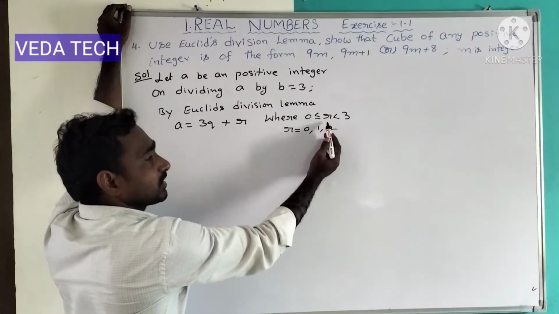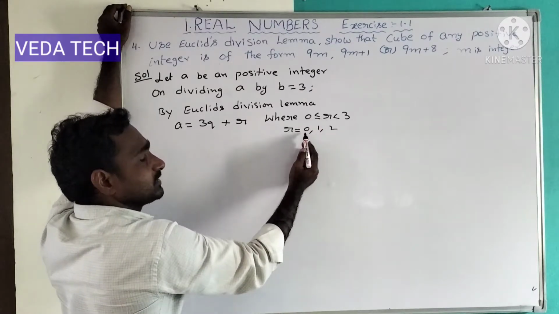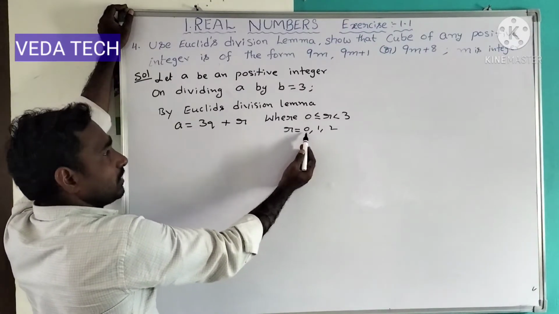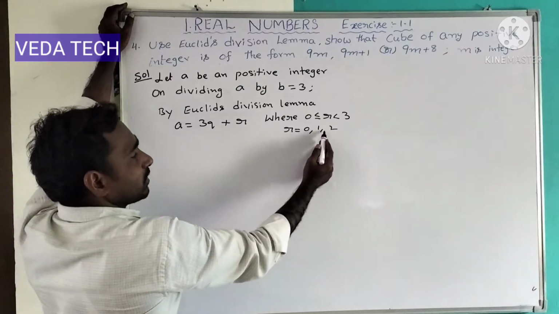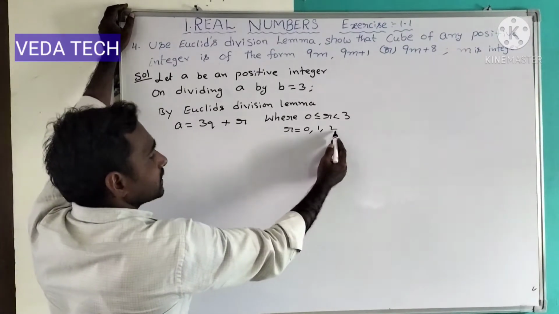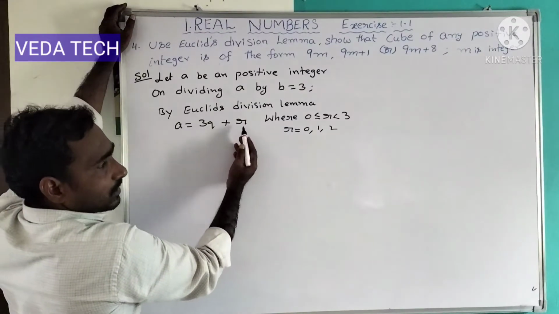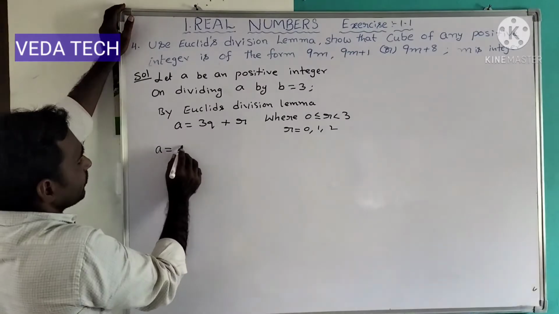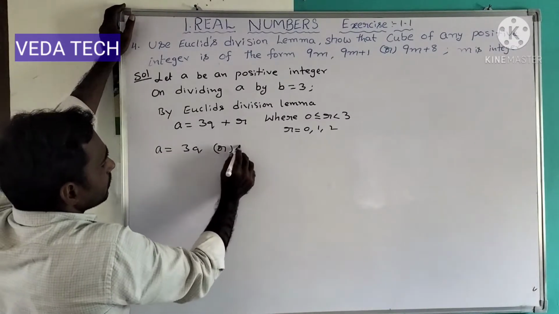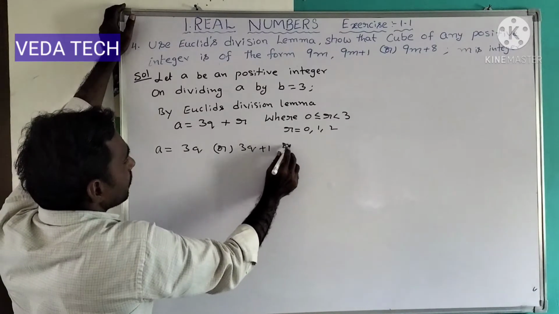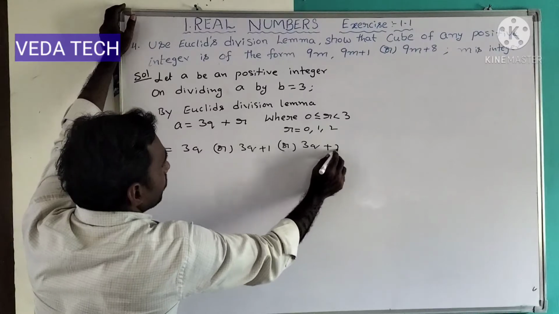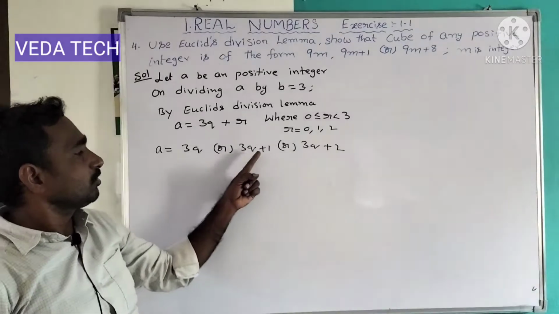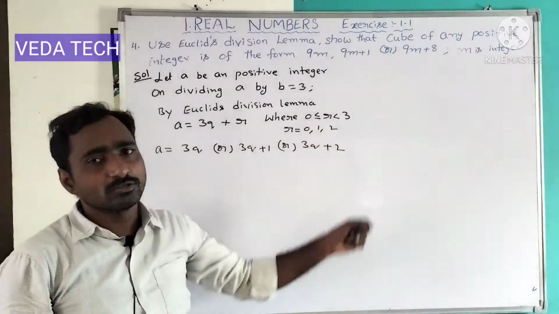So possible values of r are 0, 1, 2. If r is equal to 0, then a is equal to 3q. If r is equal to 1, then a is equal to 3q plus 1. If r is equal to 2, then a is equal to 3q plus 2. Therefore, a positive integer is of the form 3q or 3q plus 1 or 3q plus 2.